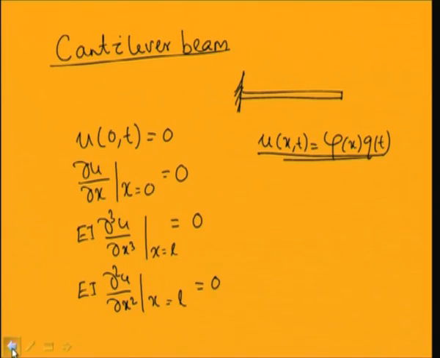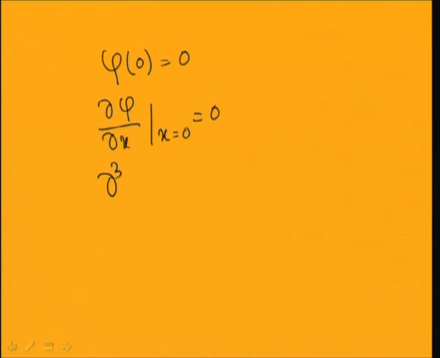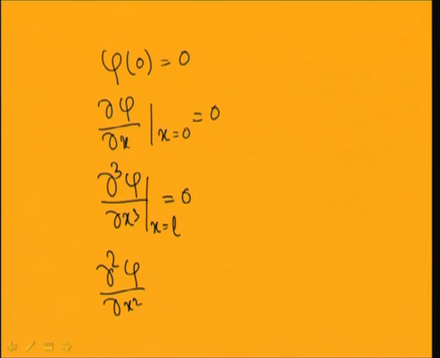Similarly, for the third condition, del cube psi by del x cube equal to 0 at x equal to L, and del square psi by del x square at x equal to L equal to 0. So, these are the 4 boundary conditions which should be solved to find the constants in the expression for psi x.